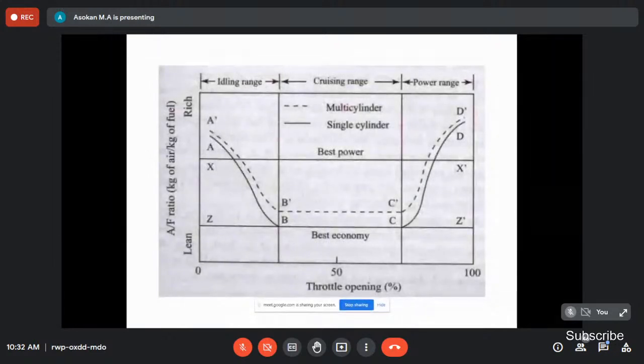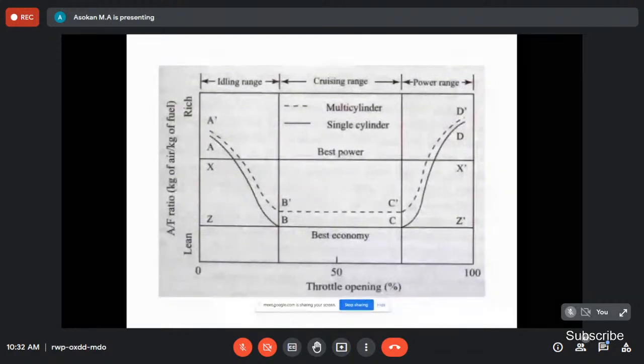Okay. Next, we can run the vehicle on hilly roads. Then we need more power, but the vehicle runs at a slow speed. Even at slow speed we need more power, so we go for the rich mixture. Whenever we go for the idling condition, we need the rich mixture, but the quantity is very small.